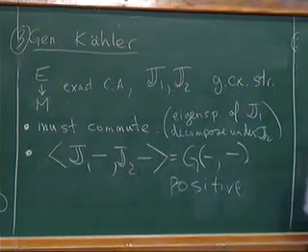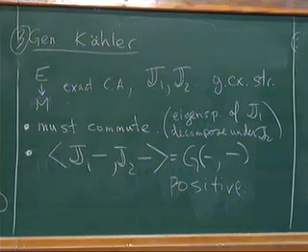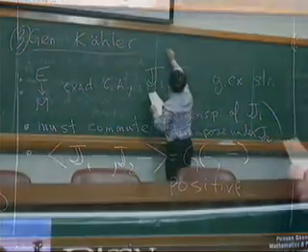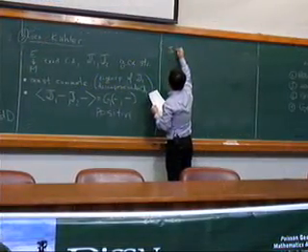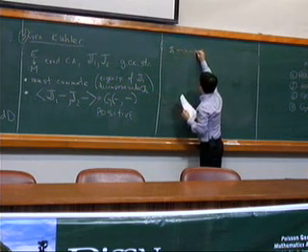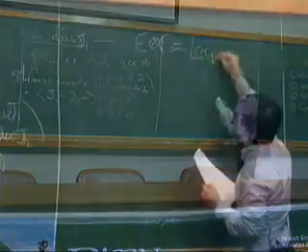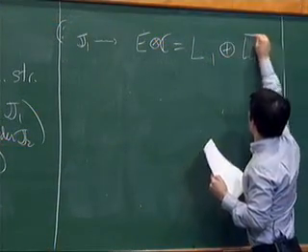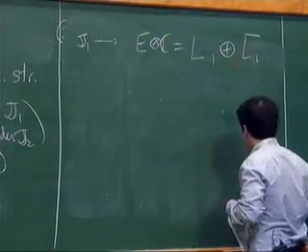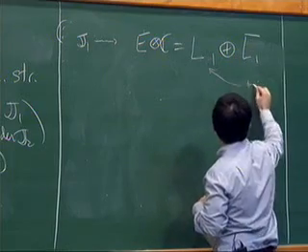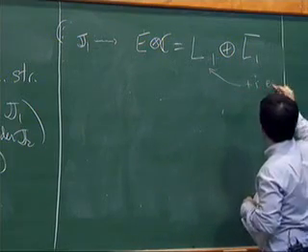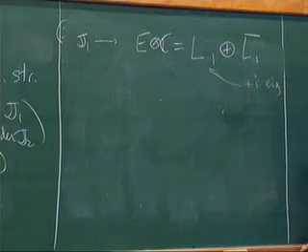That's the reason that we want the commutation. So J1 gives me a decomposition like this: E tensor C breaks up as L1 plus L1 bar, where this is the plus i eigenbundle.